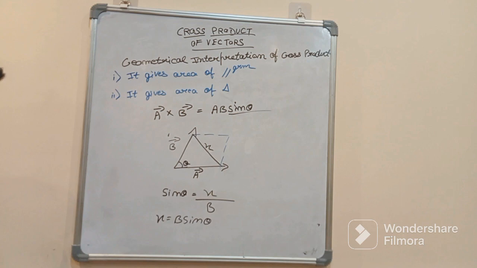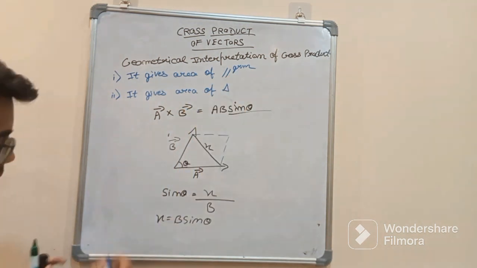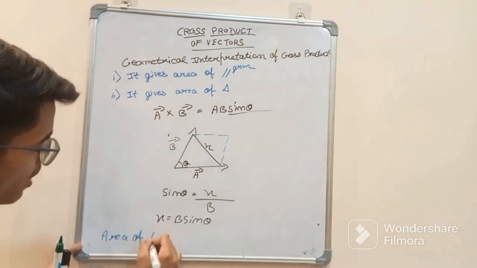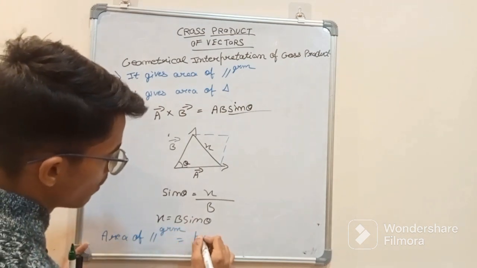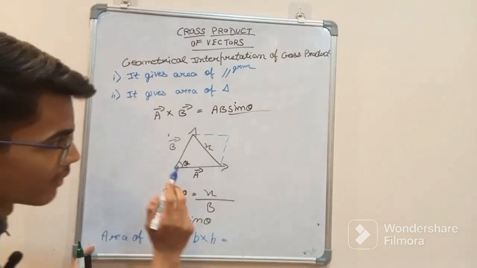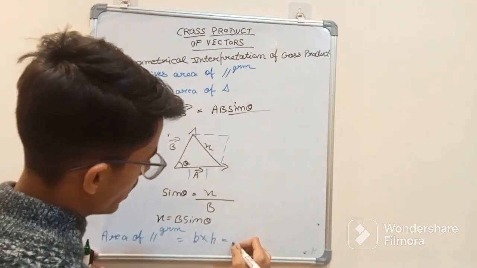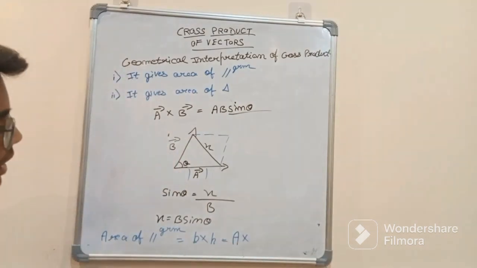Now, what is the area of parallelogram? Area of parallelogram is equal to base into height. Base we have A, we'll just take the magnitude A multiplied by h, height.